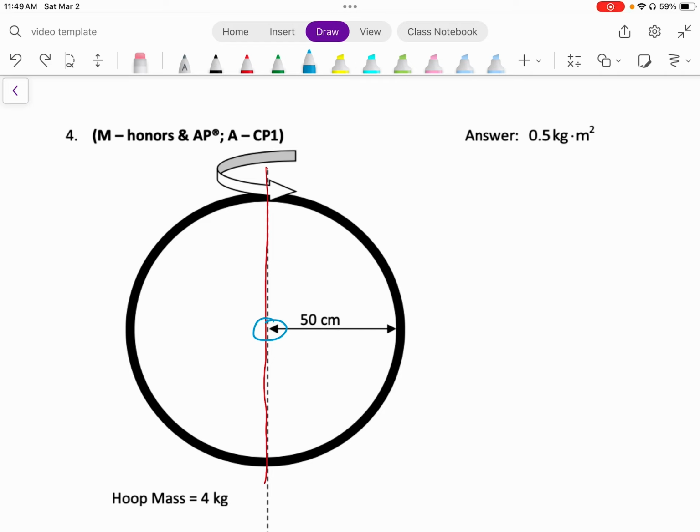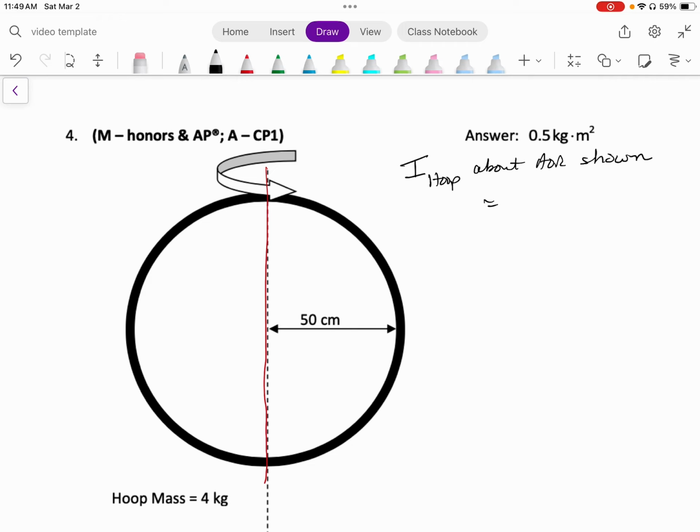So in this case, the I value or the equation for this, which is considered a hoop about the axis of rotation shown, you would have to look this up.